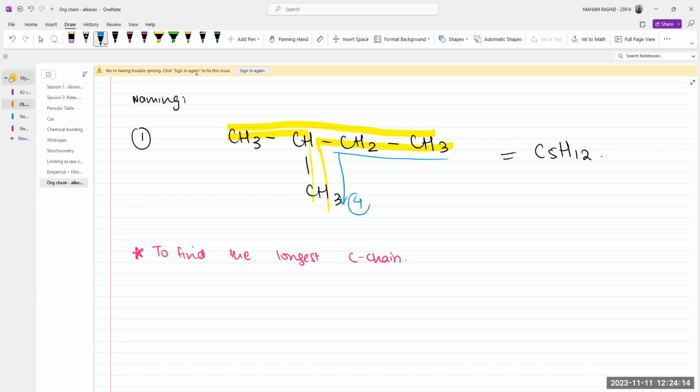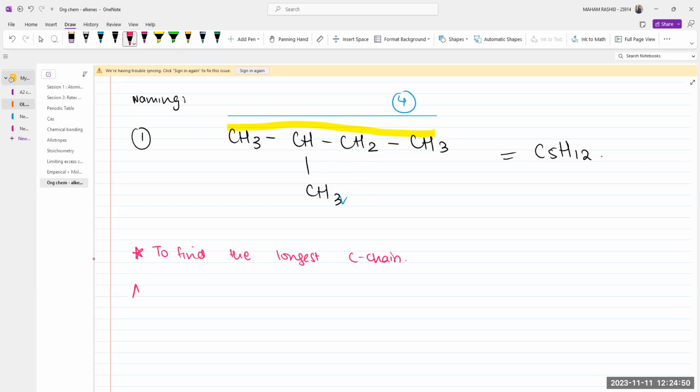So you have four carbons in this chain. How many carbons do you have in this chain? One, two, three, right? So this is not your longest carbon chain. What's the other carbon chain that you have? This one, right? So this goes 1, 2, 3, 4. This one also has 4 carbons. So you can choose any one of these because both of these have 4 carbons. For example, if you choose this carbon chain, you choose the longest carbon chain.